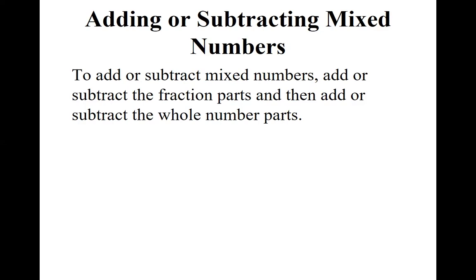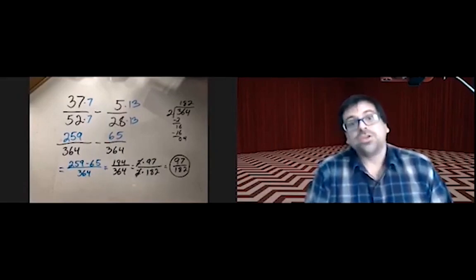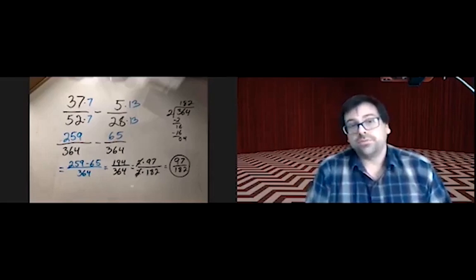You still can do the improper fractions, but you also can just take care of the fraction parts and then take care of the whole number parts.